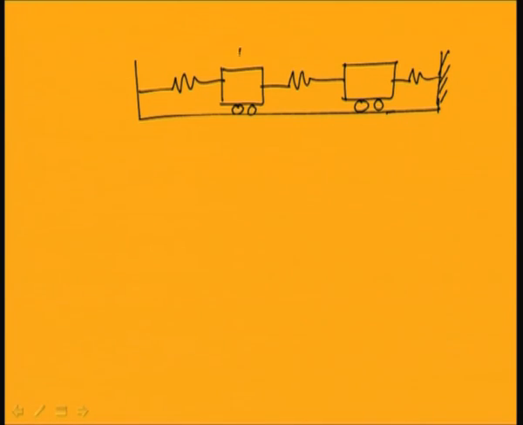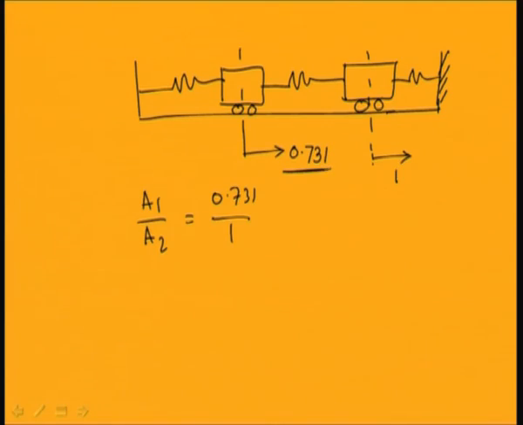You have seen that A1 by A2 equal to 0.731 by 1. That means, when x2 moves a distance of 1 unit, x1 will move a distance of 0.731. So, when the second mass is moving a distance of 1, the first mass is moving a distance of 0.731.